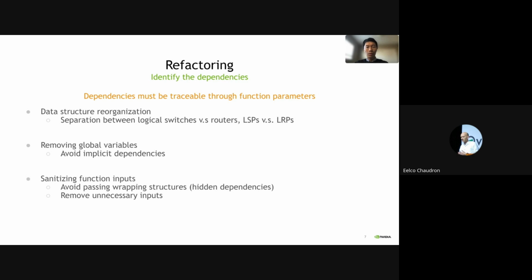So we did a lot of work on data structure reorganization, avoiding implicit dependencies introduced by global variables, and also sanitizing function inputs, such as avoiding passing wrapping structures, data structures that wrap a lot of data, where you cannot easily tell if the function really needs that input or not. By breaking the wrapping structures, we could also remove unnecessary inputs. Again, the goal is to make sure we can easily tell the dependencies just by the function prototypes.